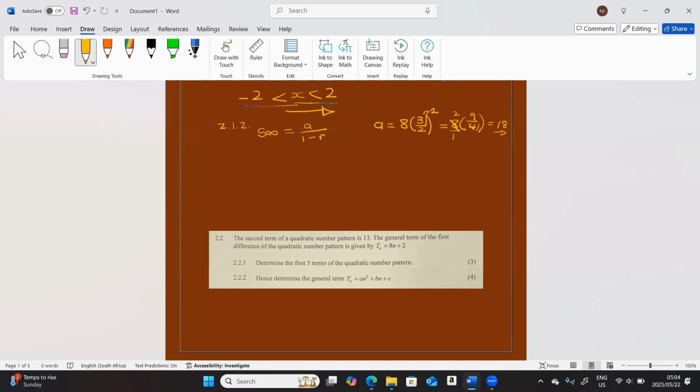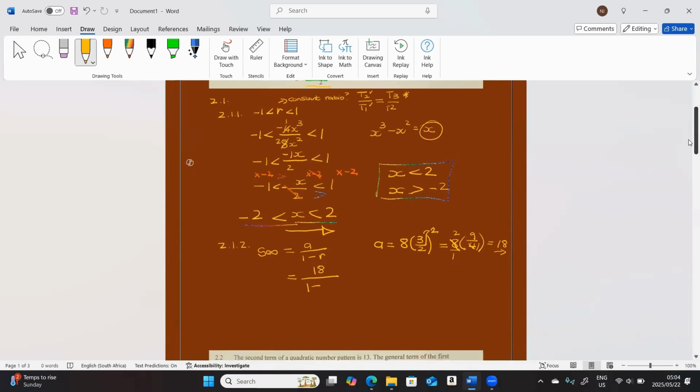So we can substitute A with 18. We write 1 minus, and then we need to get the value for R, the constant ratio. We already worked with the simplified version of R in question 2.1.1.